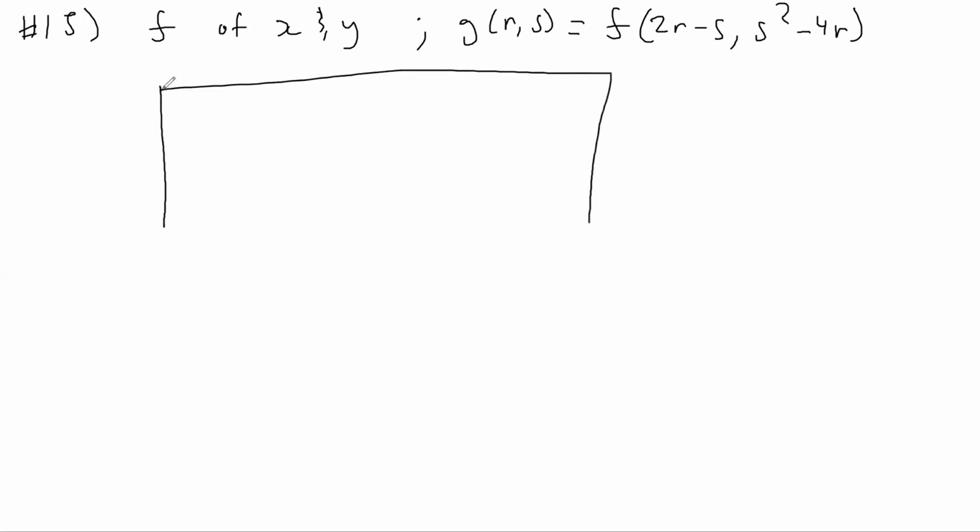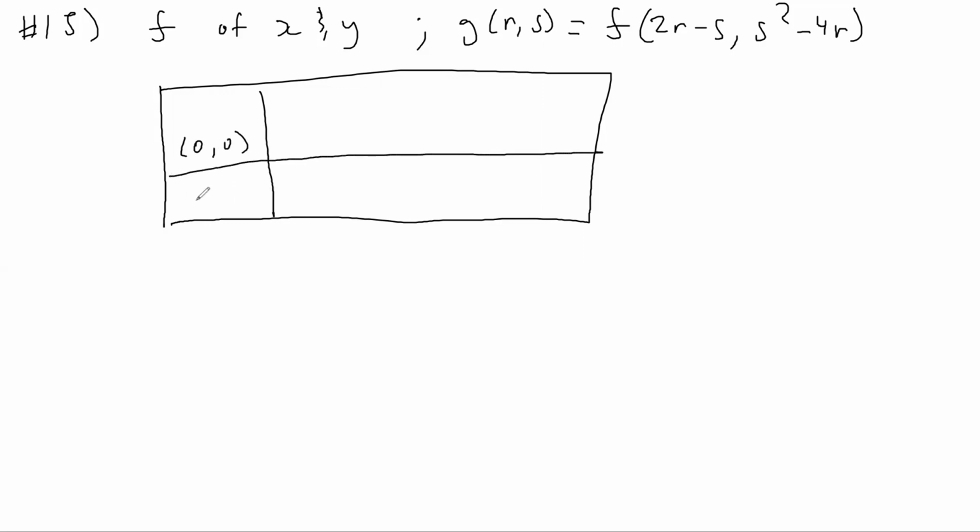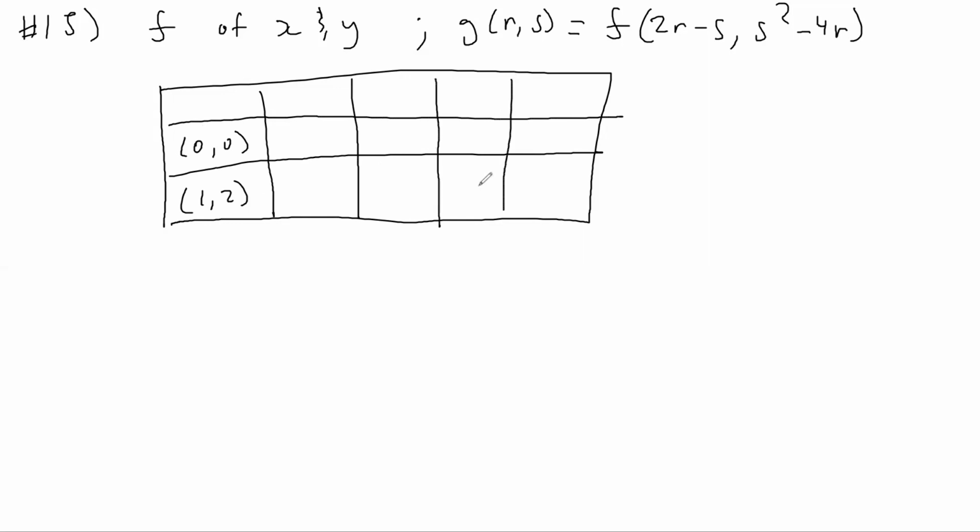To draw it out, it gives us the point 0, 0, and it gives us the point 1, 2. And it gives us 4 different options. So we have f, we have g, we have f sub x and f sub y.